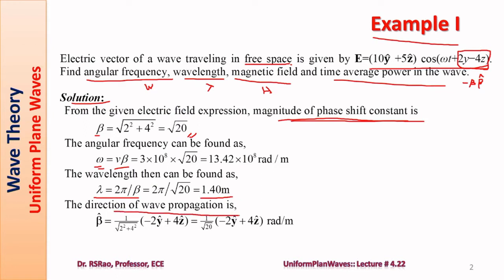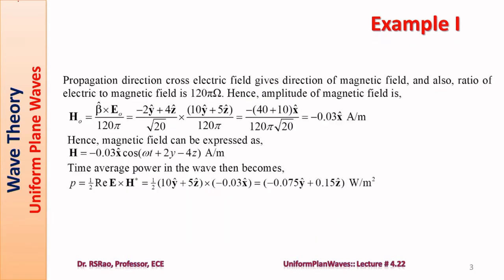Direction of wave propagation can be found as 1 by square root of 2 square plus 4 square, times minus 2y cap plus 4z cap. It gives 1 by root 20 times minus 2y cap plus 4z cap. Propagation direction cross electric field gives direction of magnetic field. Propagation direction we have just now calculated. Electric field is already available.